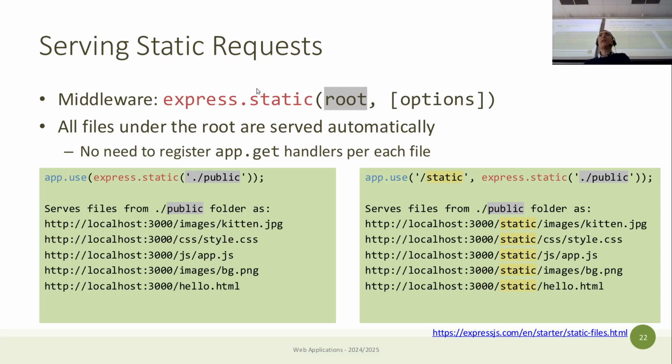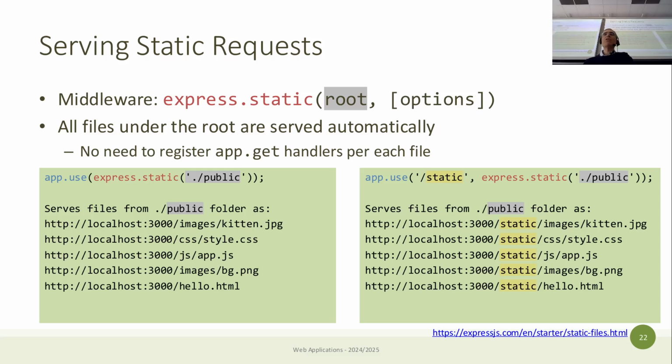Serving static requests. Express is a web server. It can also serve static files, but by default, it doesn't do anything. If I don't put this app.get, you send a request and the server is ready, it's listening, but doesn't answer anything because you didn't tell Express to do anything.